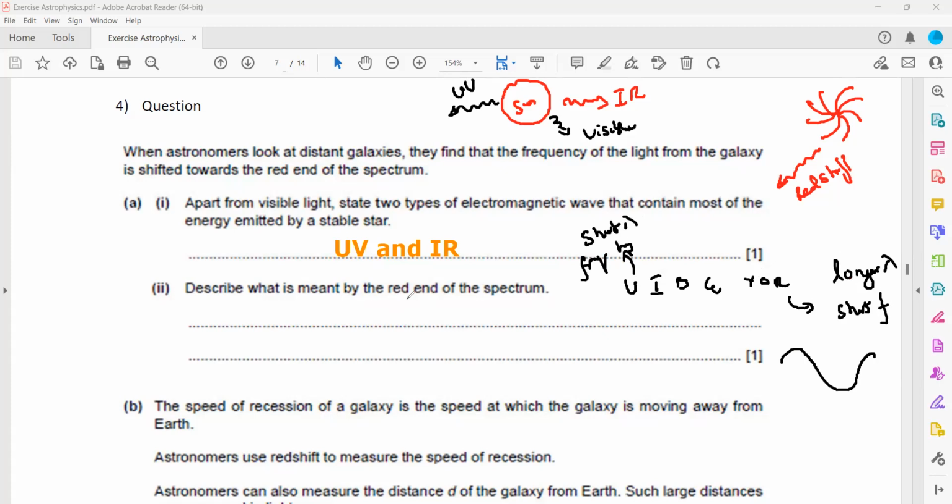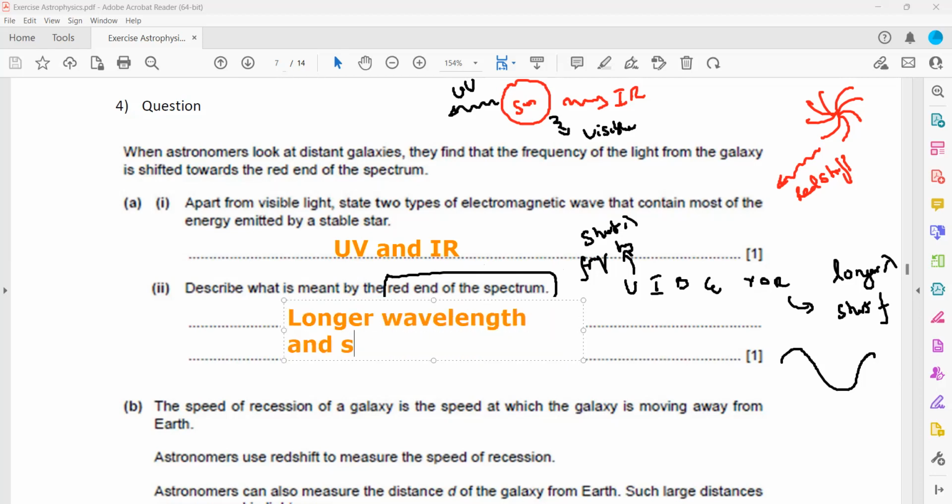They are only asking what is meant by the red end of a spectrum. It means the part of the spectrum which has longer wavelength and lower frequency. If the question was what you conclude from the wavelength or frequency being shifted towards the red end, then you mention that the galaxy is moving away from us.